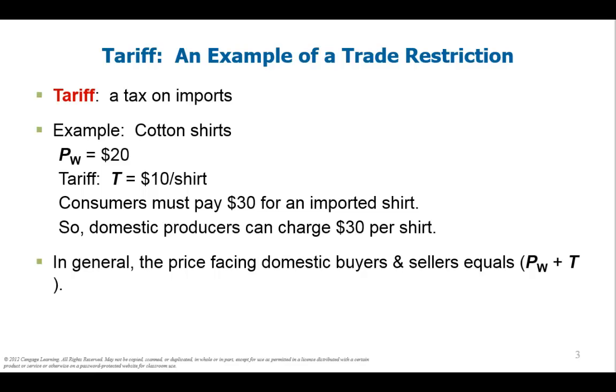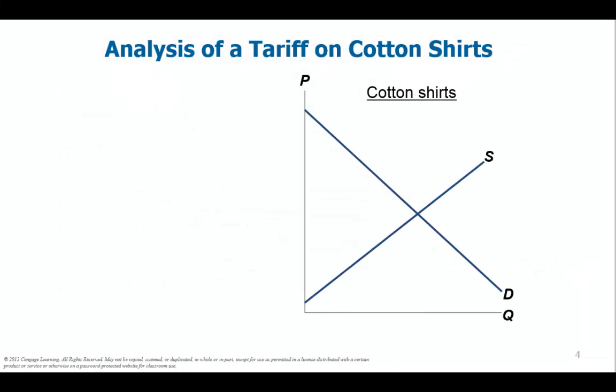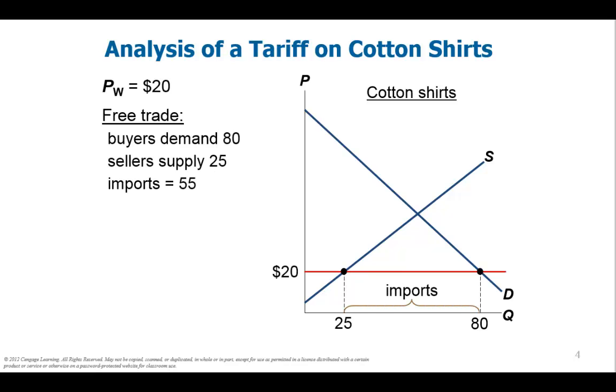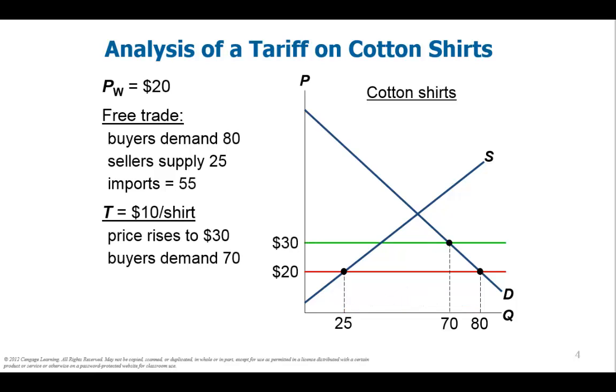So what would happen is the world price is $20, the tariff is $10. That means in the store you're going to pay $30. Again, as you can see, if the price is $30, we're not in equilibrium, and we'll talk about equilibrium in Chapter 4.